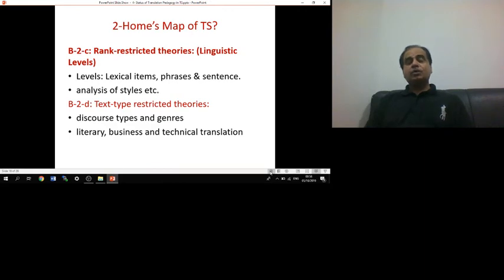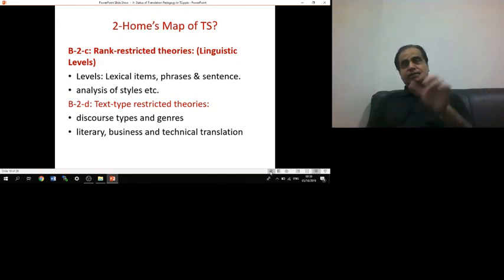I think you know that there are a lot of text types. Literary texts are different from legal texts. Legal texts have their own nature as compared to business texts, and business texts are different from medical texts, and so on and so forth. So the point here is that the partial theories related to legal texts are different from the theory related to literary texts.